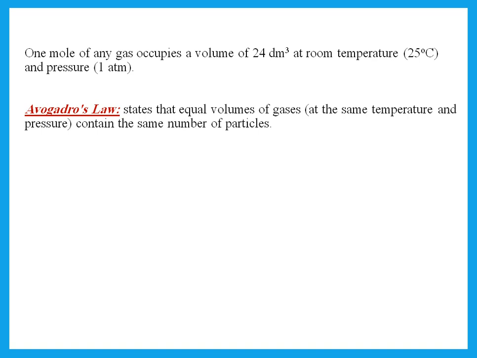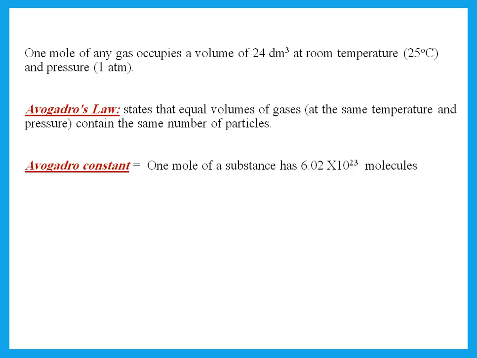Now, Avogadro's law says that equal volumes of gases contain the same number of particles. So we have something called the Avogadro constant. Avogadro's constant is 6.02 times 10 to the 23. This says that 1 mole of a substance has this number of particles, or this number of molecules.